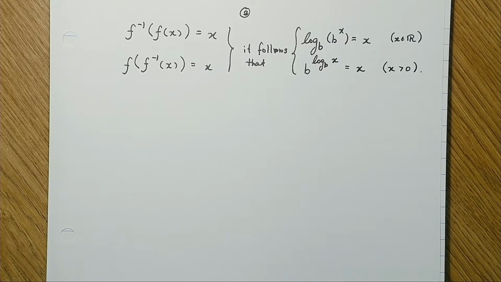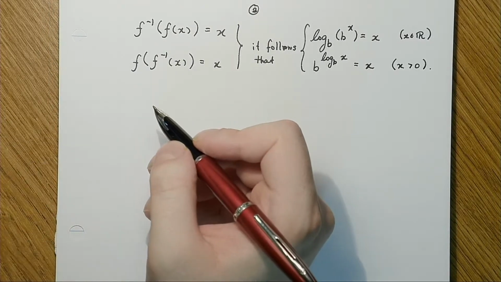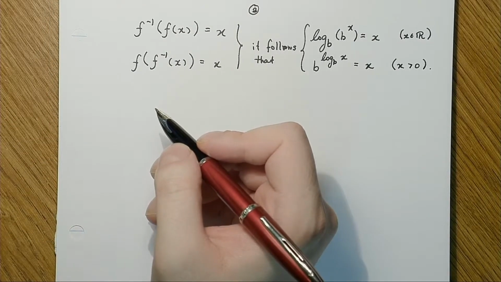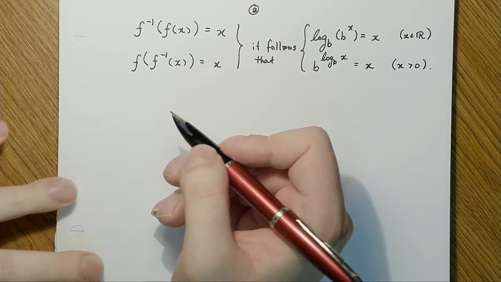Okay, so we kind of understand now algebraically that we have an inverse of a function. But what does that mean in terms of the graph? The graph of the inverse, or the graph of the logarithm, is obtained by reflecting the graph of the exponential in y equals x.